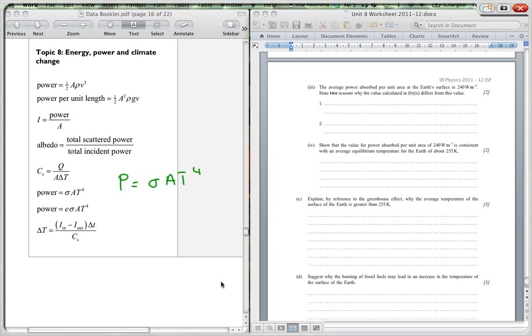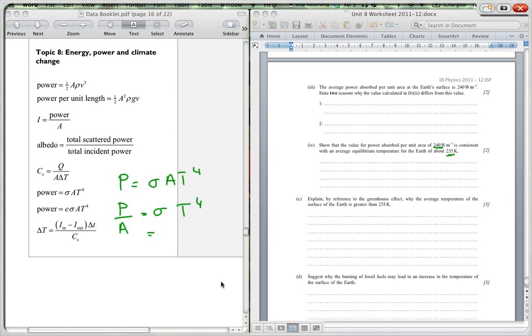But now I'm going to be using 255. Notice that we've got 240 watts per meter squared. So I've got a power per area, a power per meter squared. So that's sigma T to the 4.